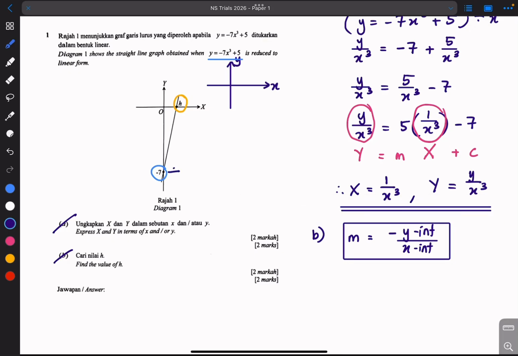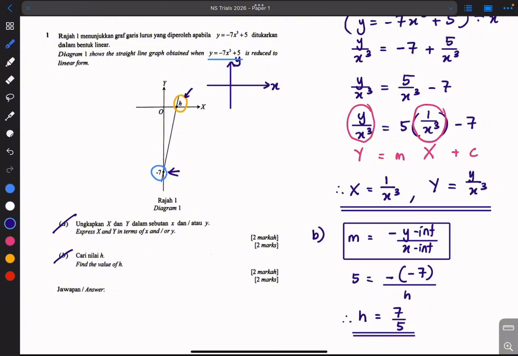So this is our y-intercept, negative 7. X-intercept is h, and our gradient is 5. So then we swap these two, h go up, 5 come down. So h will be 7 over 5. Done.